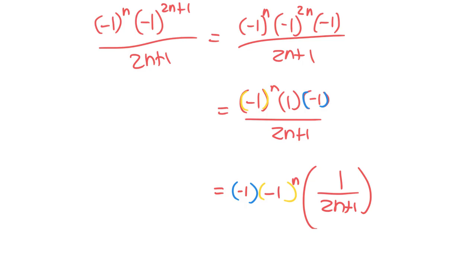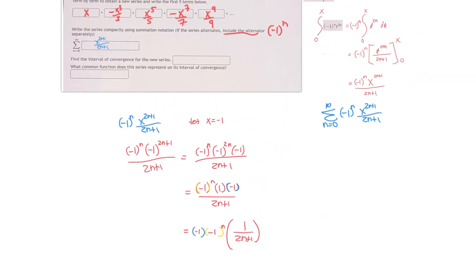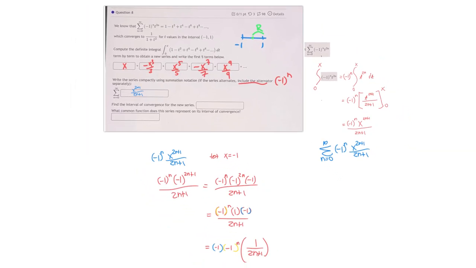So the left endpoint, therefore, is included, right? The left endpoint of -1, where's that? Right here, is included.